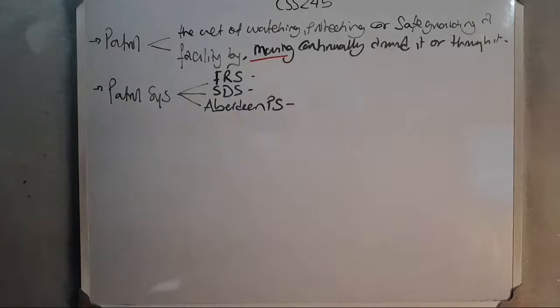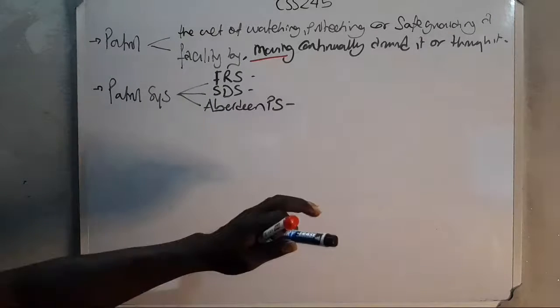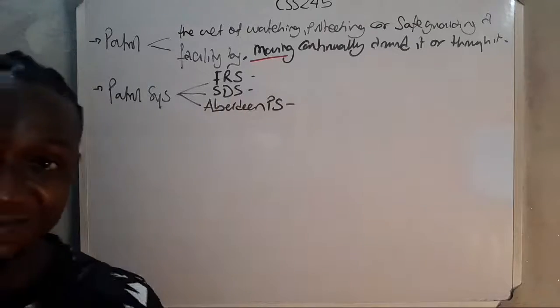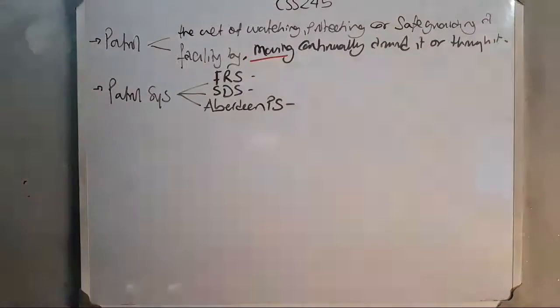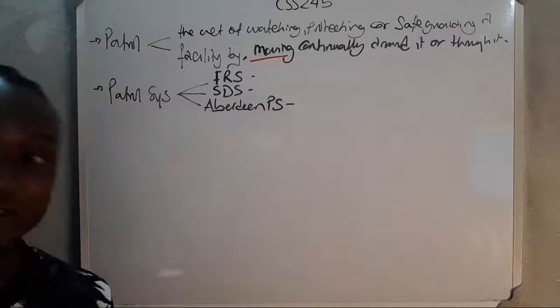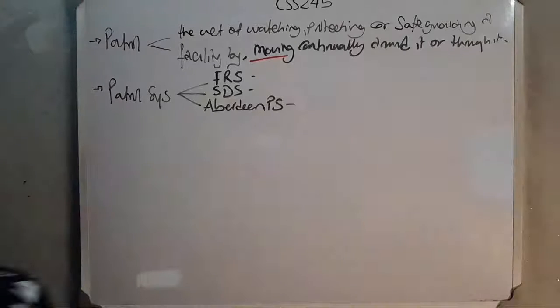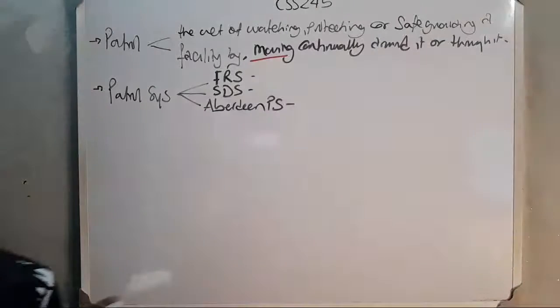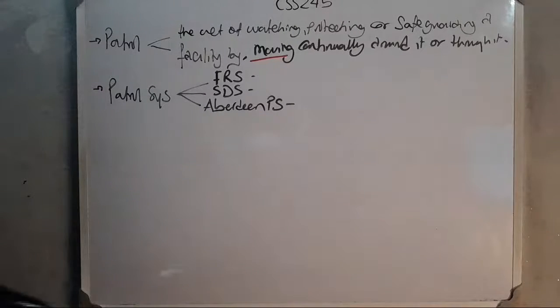Now, the fixed route system, like you can understand from the name, is a system whereby the security operative is detailed to patrol along a given route. All your patrolling should be within this route, and you are fixed there. Now we have the semi-discretionary system.